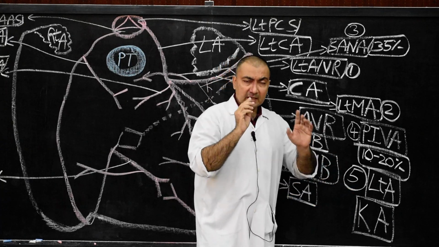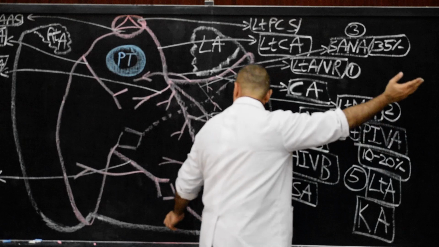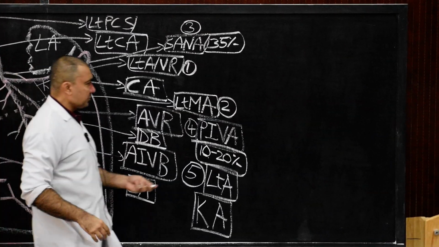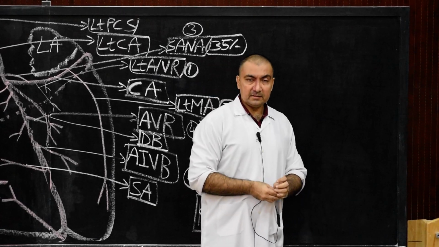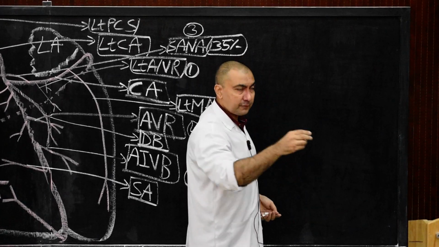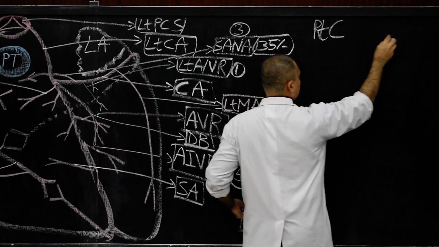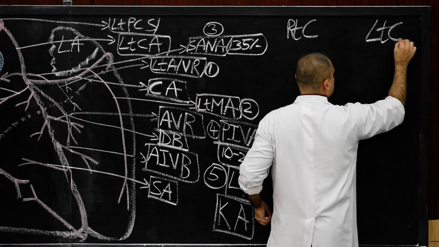Now, the entire distribution, please come on this side, here I am having space. I am going to just write it. This is the entire distribution of the right and left coronary artery. Please note down, this is the right coronary artery, the left coronary artery.